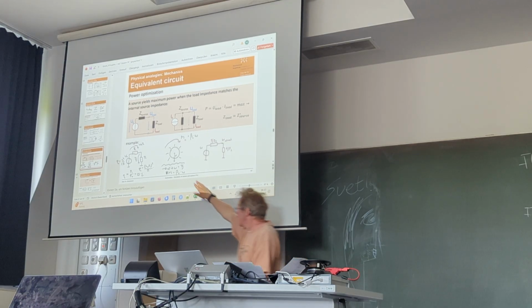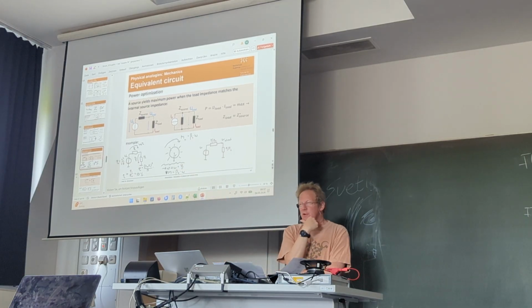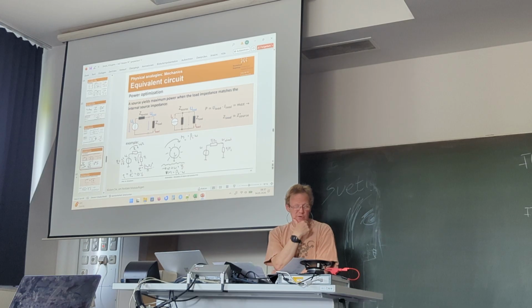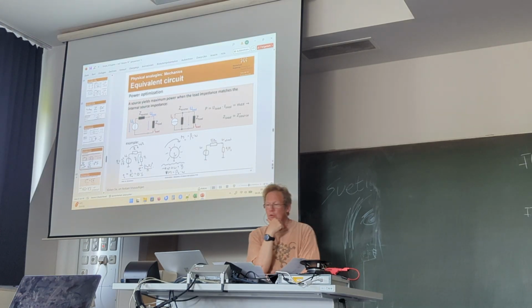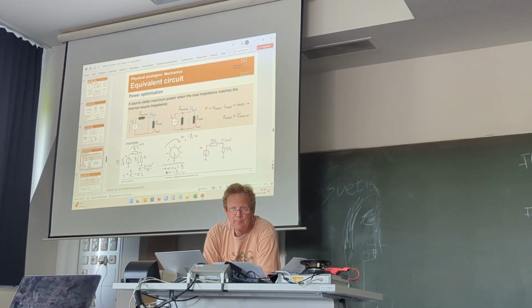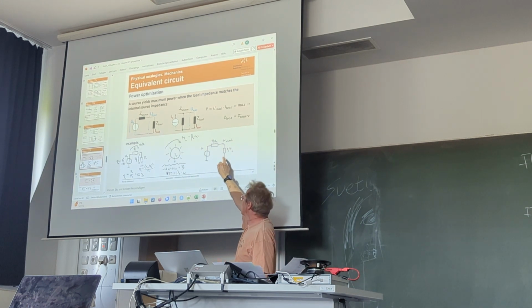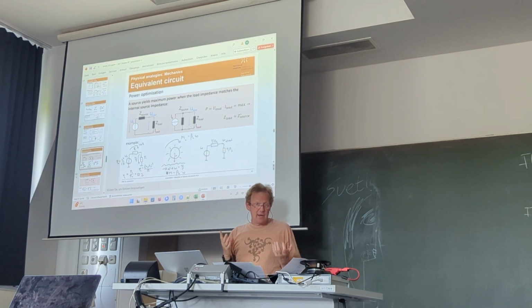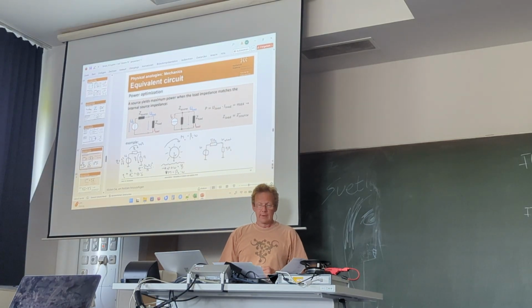Okay, so in this case, if the two values differ much, then we have not an optimal case, and you don't have to accept that. That's the point where we can use a transformer electrically. We would use the transformer here and try to change the value of this R_L so that it matches the R_0.